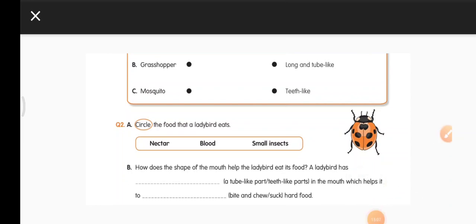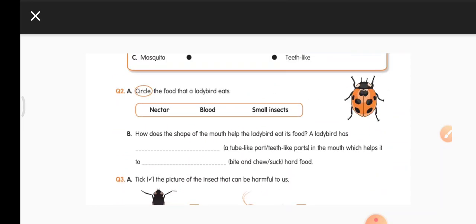So circle the food that a ladybird eats. Nectar, blood, small insects. If any insect has to take nectar as food, then it has to have a long tube-like mouth. Because this ladybird eats small insects, it has teeth-like structures.